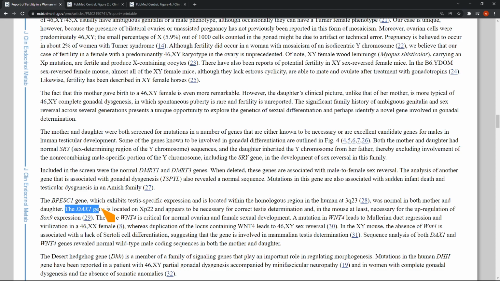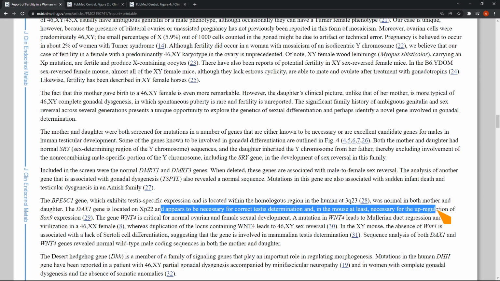Moving on, the DAX1 gene is located on the XP22. I've never seen X written that way, but okay. Maybe they don't know a specific chromosome it's on. Or no, it's the X chromosome, of course, and appears to be necessary for correct testes determination, and in the mouse at least, necessary for the upregulation of the SOX9 expression.